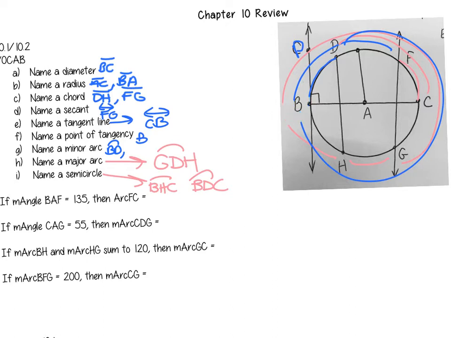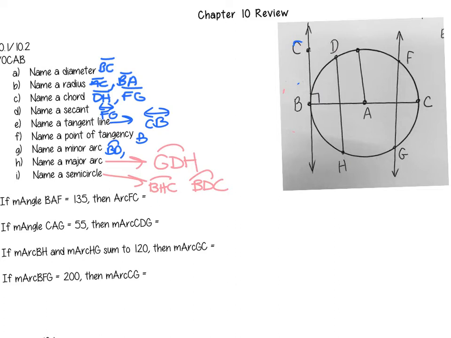Okay, so now we've got some measurements occurring here. Central angles are formed by the arc, and the angle equals the arc. So this is saying angle BAF, and these are independent of each other.